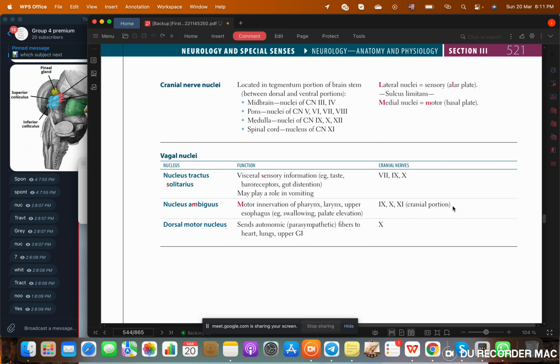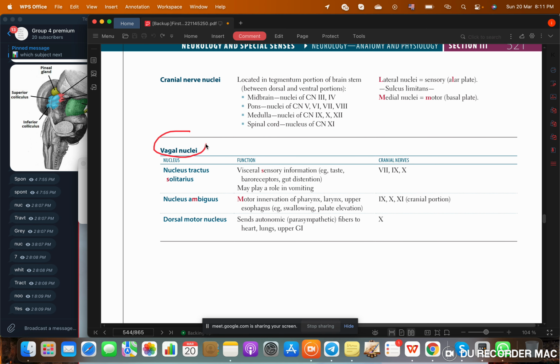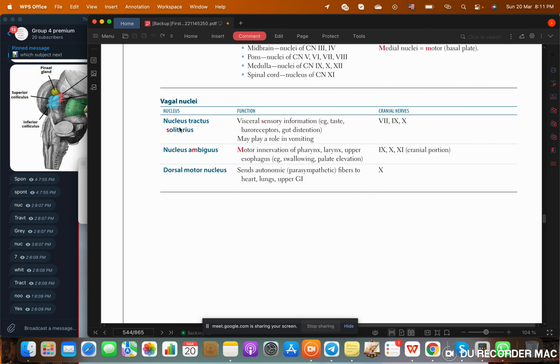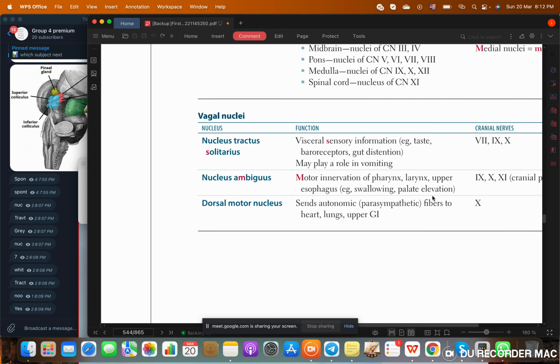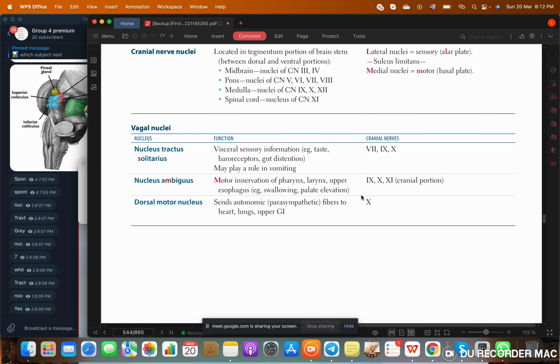Okay, that's true. So let's take a look at the vagal nuclei. We have 3 of them: nucleus tractus solitarius, nucleus ambiguus, and dorsal motor nucleus. Starting with the first one, we have the solitarius. It has some sensory information, but visceral sensory information, which can tell you about the taste. They can tell you if your tummy is full, if you need to poop, and if you have high blood pressure.